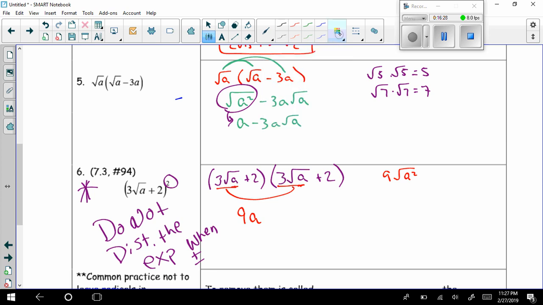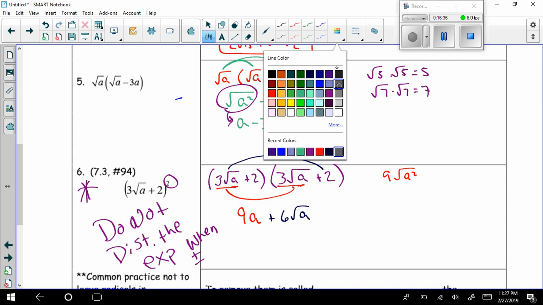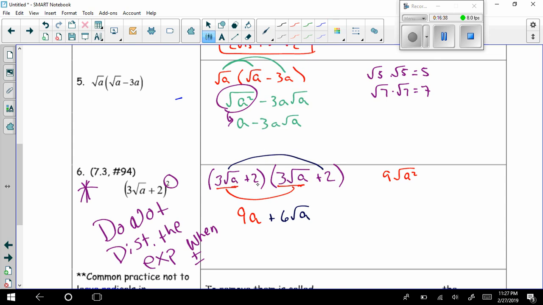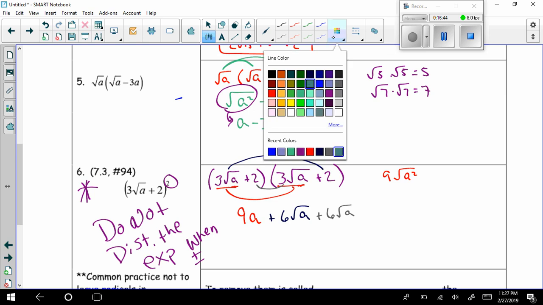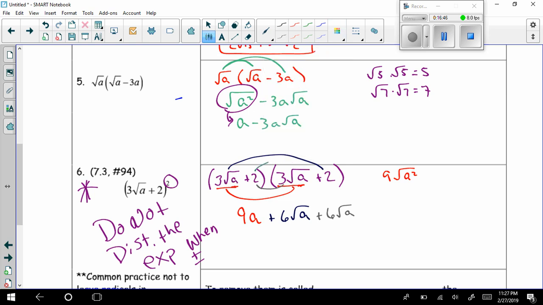Then you take first times second. So again, outside, outside. So this is plus 6 root A. This will create a perfect square trinomial. So these two will actually end up matching, plus 6 root A. And then your very last term, 2 times 2 is 4. These are like terms.